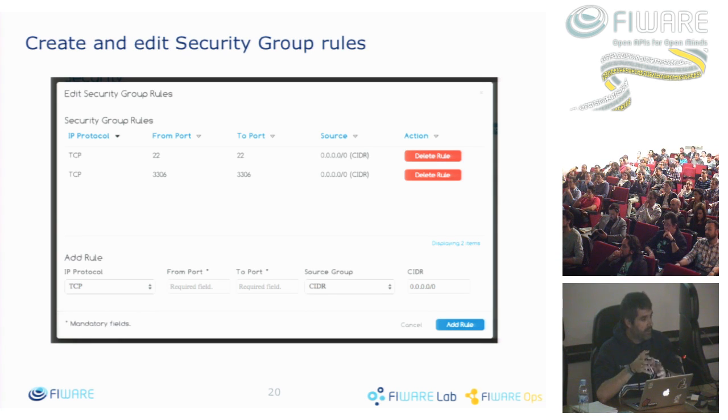The source group is the CIDR. Are you familiar with the CIDR? Well, don't worry, I have a specific slide about that when I talk about the network. It's a representation of the network, the IP address, and the mask that you want to apply.